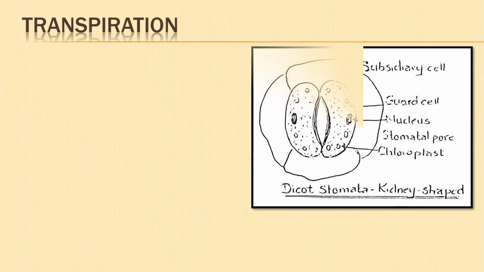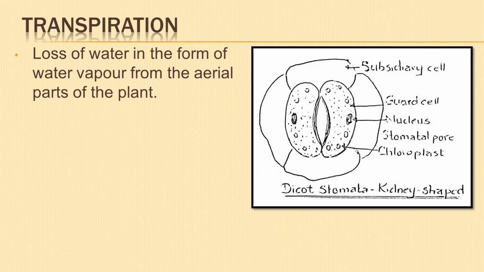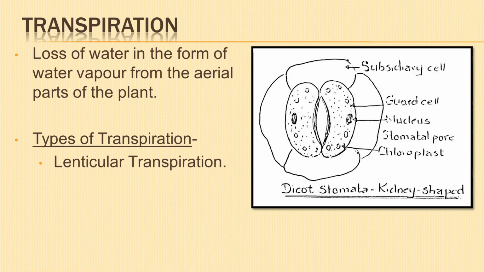Next is transpiration. Loss of water in the form of water vapor from the aerial parts of the plant is known as transpiration. There are different types of transpiration. Lenticular transpiration takes place through lenticels present in barks of trees. Water loss is 0.1%.